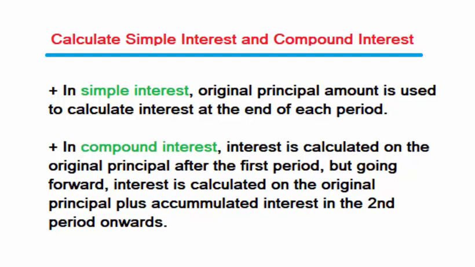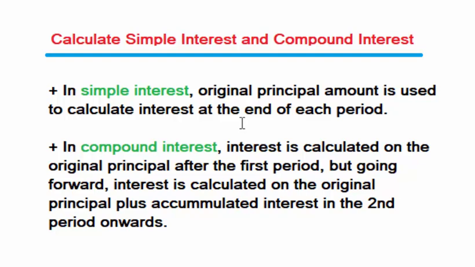Simple interest is very easy because in simple interest, all you want to do is take the duration over which you want to calculate the interest, then multiply it with the principal amount times the rate, and most of the time it is a percentage. There is only a simple formula for it and it is easy to calculate.